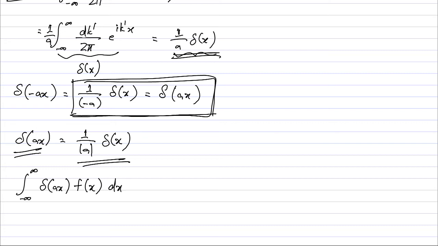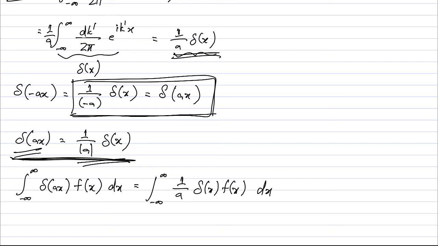This identity is implying that this is going to be equal to 1 over a. For simplicity, I'll assume that a is positive. The extension to a being negative is very straightforward. This implies that you have the integral from minus infinity to infinity of 1 over a delta x f of x dx.